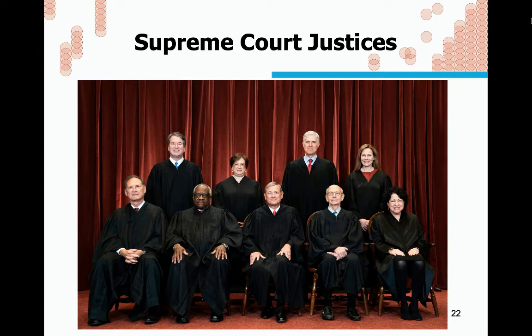Here is the current Supreme Court. One African-American, Clarence Thomas, very conservative, arguably the most conservative justice on the bench, was nominated by George H.W. Bush to replace Thurgood Marshall when Thurgood Marshall stepped down. But you can see not exactly balanced in terms of gender, not at all balanced by race and ethnicity.